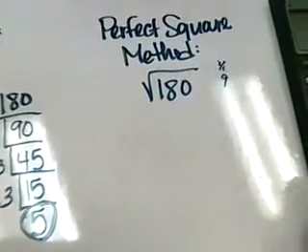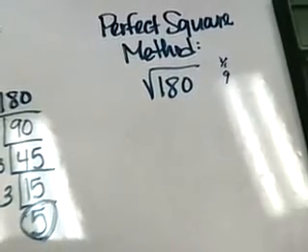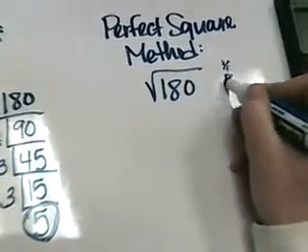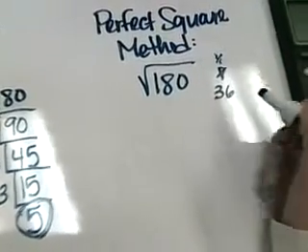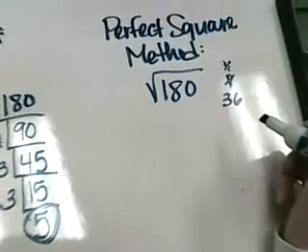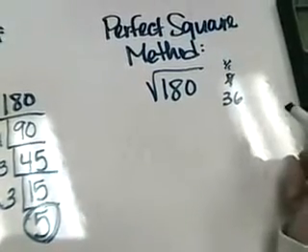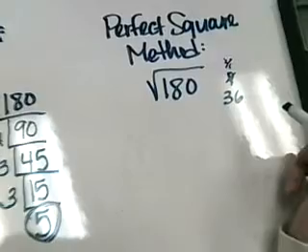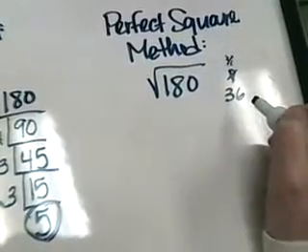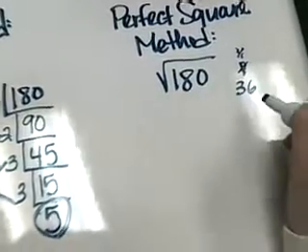Okay, 180 divided by 36. That works. And it leaves me with 5. Well, 5's prime, so you know nothing else is going to come out of that. So that's a pretty good indication that 36 is the biggest perfect square that will come out of 180.